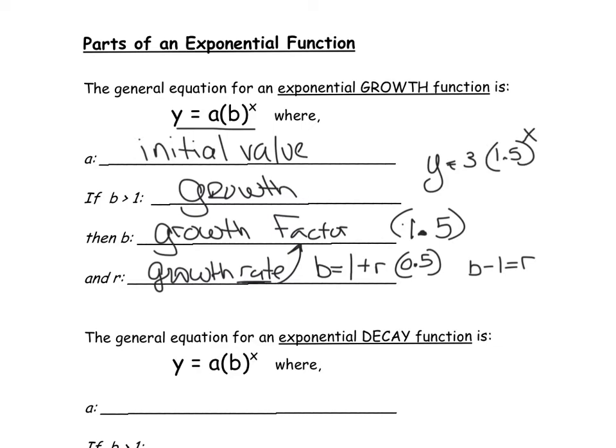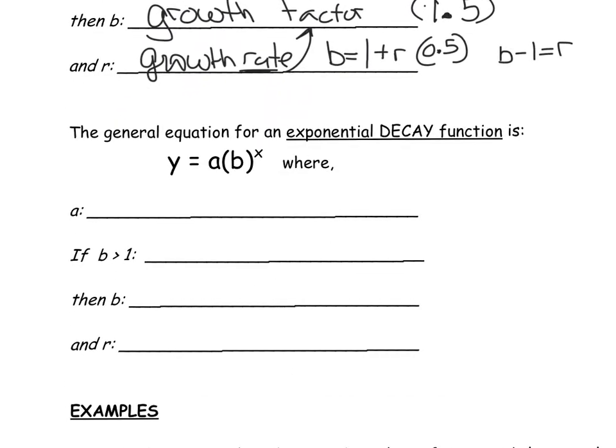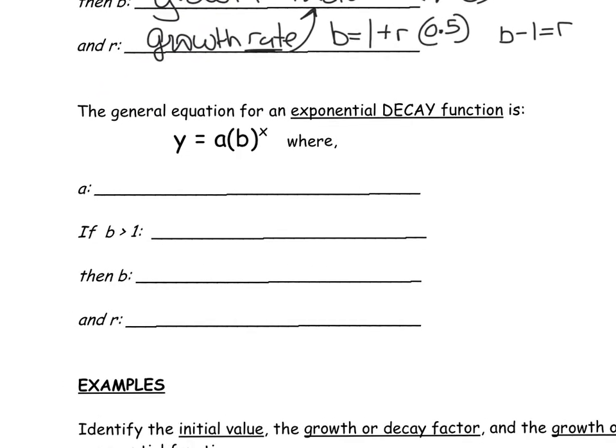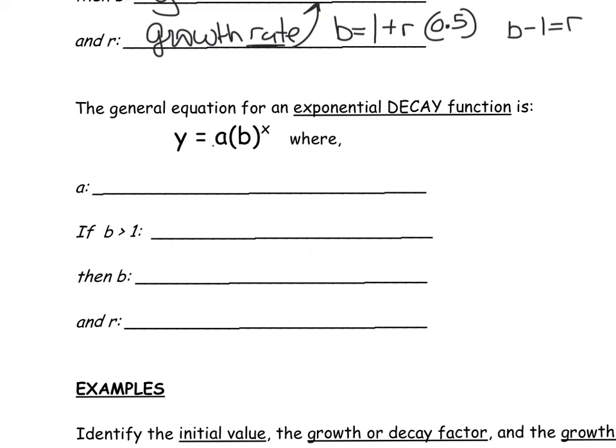All right, let's look at decay. So decay is when we're decreasing, right? Same thing, a is going to be your initial value. And this one, they had a typo on there: if b is less than 1, then it's going to be exponential decay.